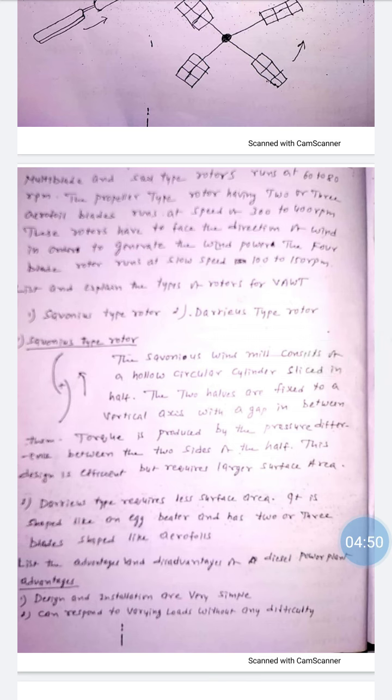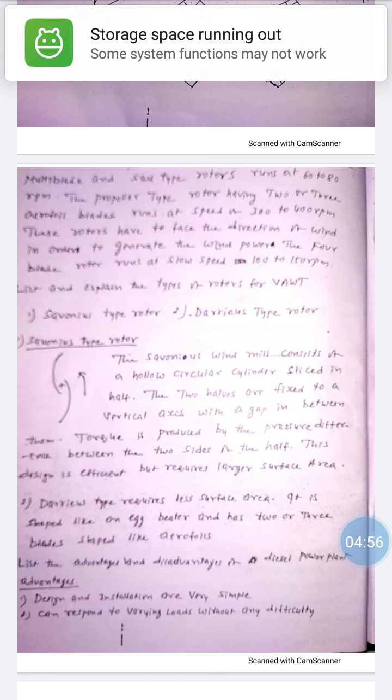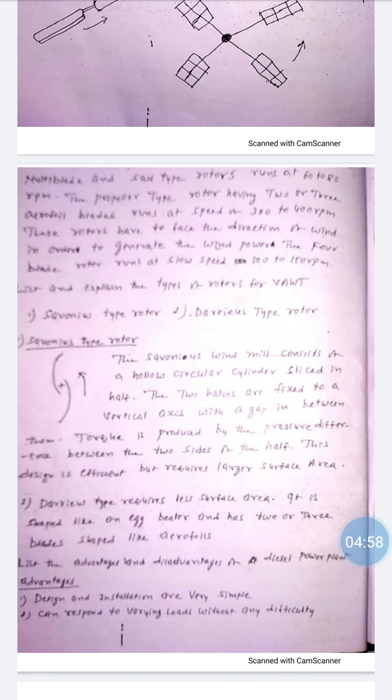So multi-blade and sail type rotors run at 60 to 80 rpm. The propeller type rotor, having two or three aerofoil blades, runs at a speed of 300 to 400 rpm.